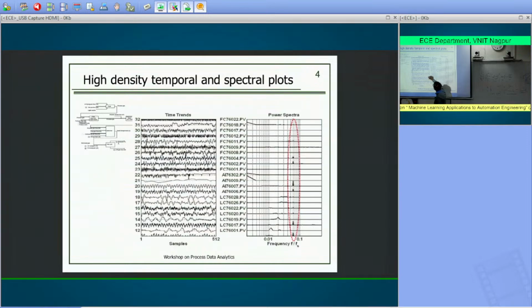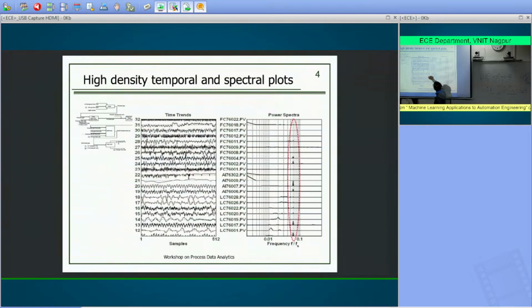For instance, take this one. This is really clear. There's no noise in it, but you can see persistent oscillations. And a power spectral graph clearly shows which tags have those oscillations and at what frequency. Okay. So that's a very powerful intuition or observation about a process.